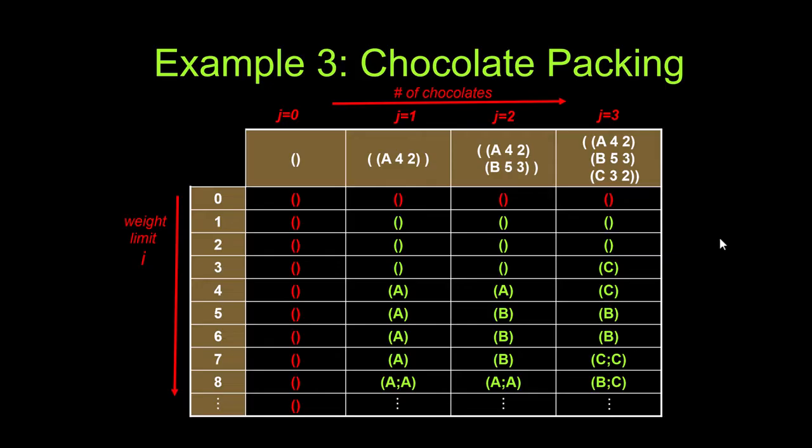For example, for us to get this particular entry B with C in the box, for row 8, weight limit of 8 with 3 chocolates, with the new chocolate C of weight 3 and rating 2, we will look at the weight 8 minus the weight of C to get weight 5, referring to this box plus the new chocolate, with rating now 3 plus 2 is 5, compared with this previous box without the chocolate C, which is A and A of rating 2 plus 2, 4. So B plus C is a better choice than AA. Therefore, the optimal result here is B and C in the box.